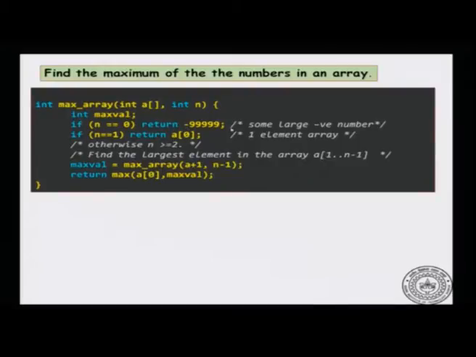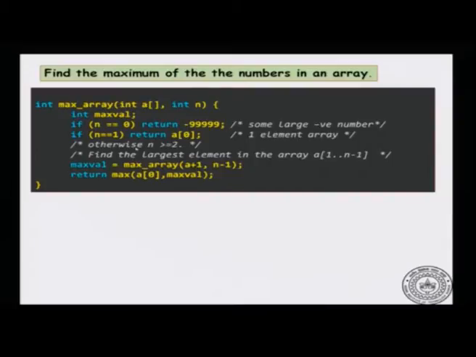Let us keep it at a very large negative number, minus 99999, some large value, it does not matter. And then if n is equal to 1, then the array contains only one element and therefore, it is the maximum. Okay, so, you just return A of 0.